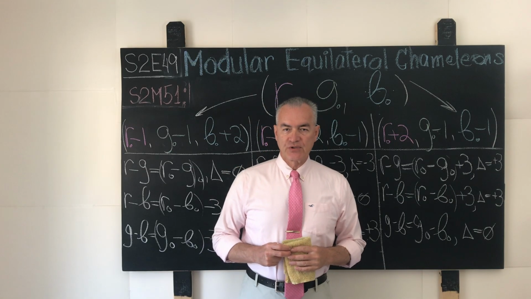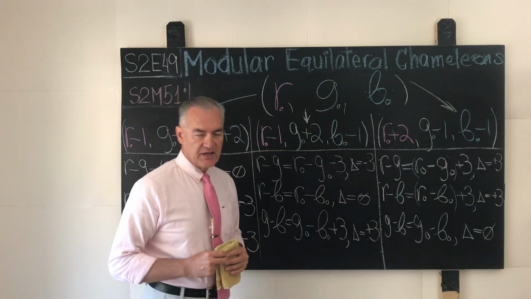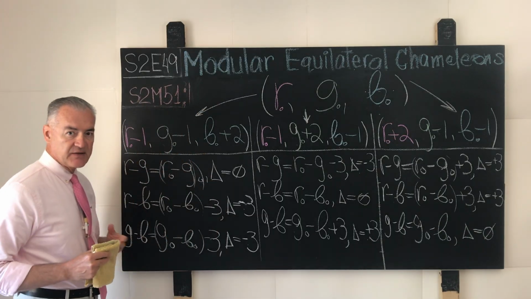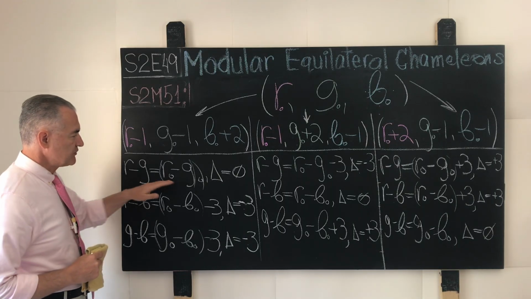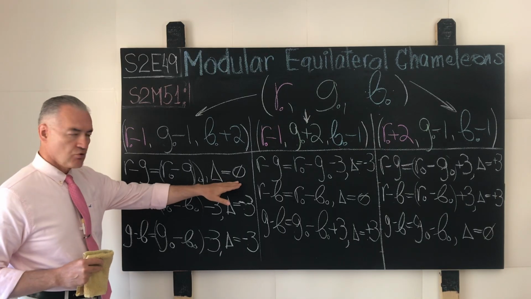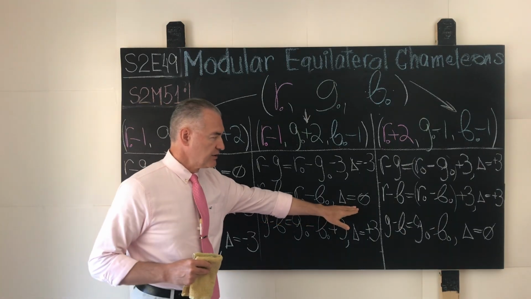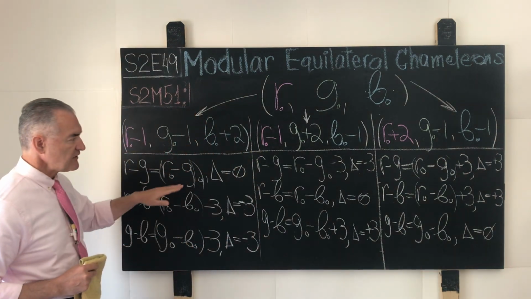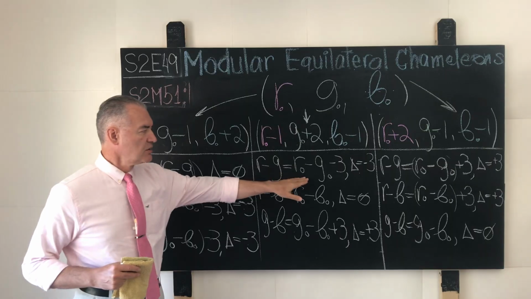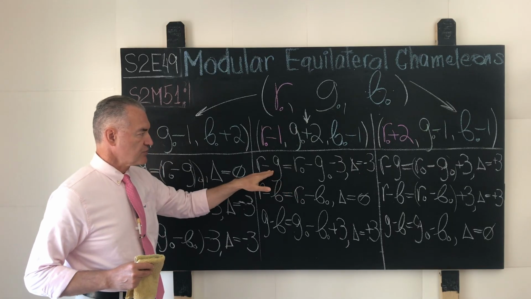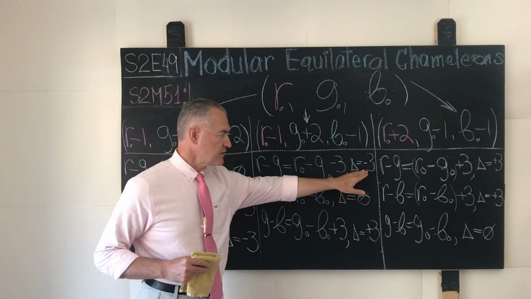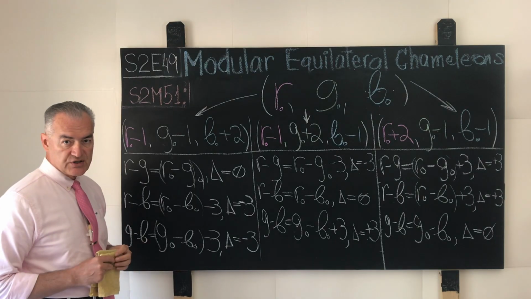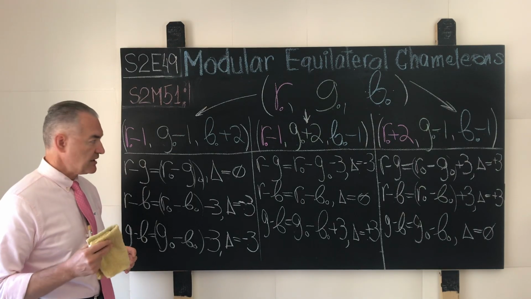Observe that which particular difference across the three differences that we analyze we pick for an invariant does not matter, because all such differences behave in exactly the same favorable way. These differences either do not change at all, as shown over here, delta equals 0, or they change across one colorful transformation by negative 3, as shown over here, or by precisely positive 3.